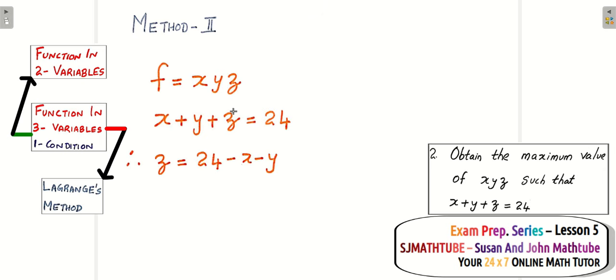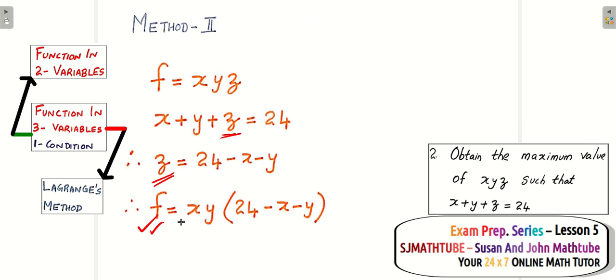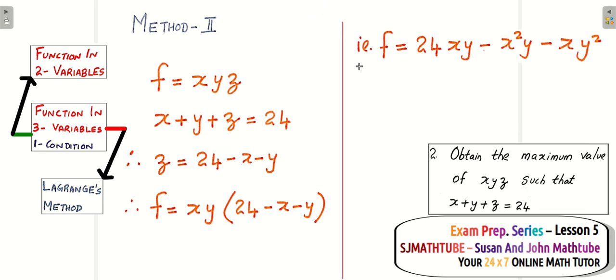So what I do is, I'll find the value of one variable and put it in the function. So here I am trying to eliminate z. So I found the value of z from this relation, and that's it. You can see a function in 2 variables. And now you can use the method which we learned in lesson number 4.